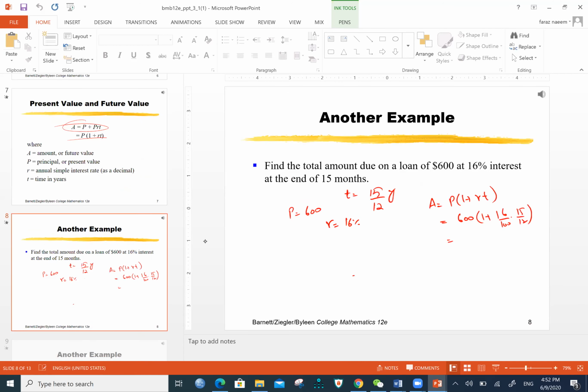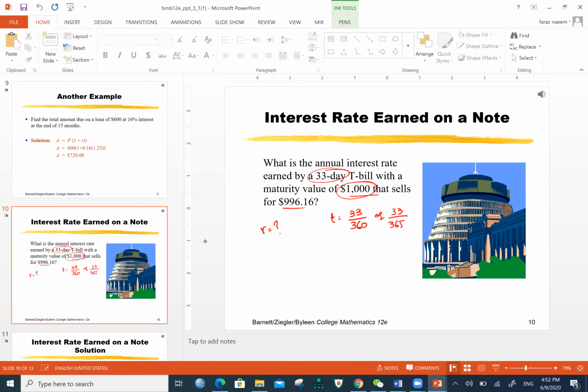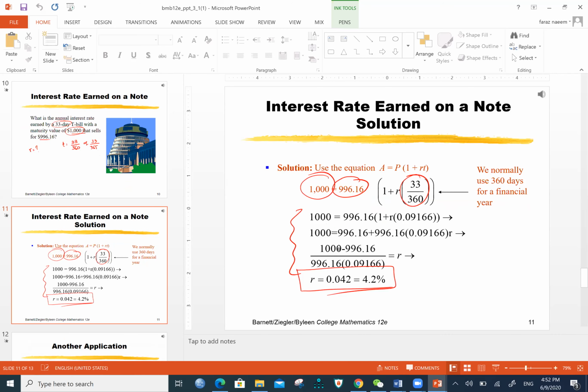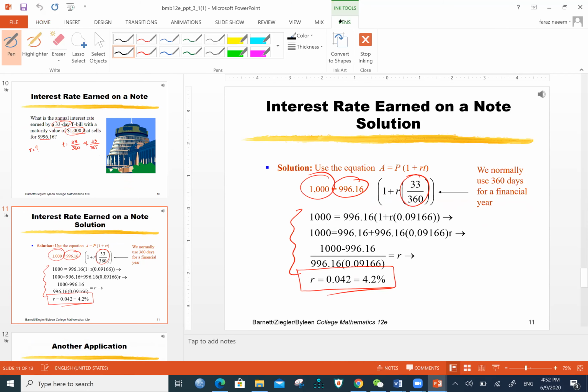I'm getting confused. This one, yes, exactly. Why do you make it equal? Is it because of the formula? Okay, so just because of the formula.